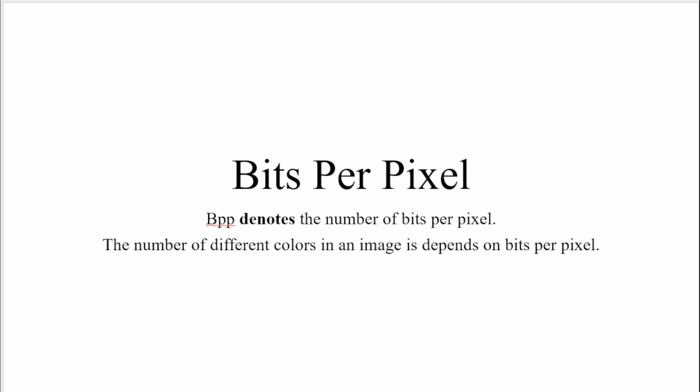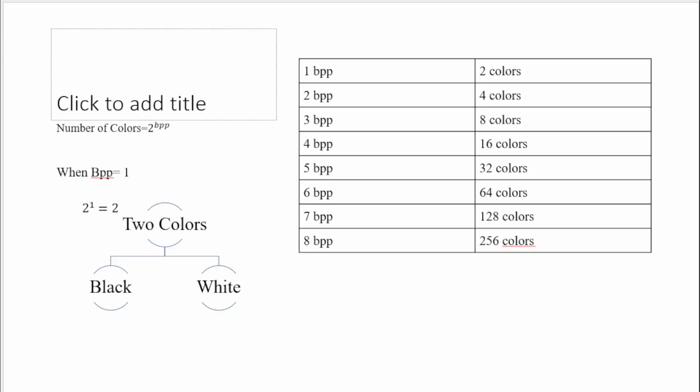In an easier way to understand this, you can remember it is the number of different colors in an image. How many colors will be there in an image depends on the BPP of that image. How we calculate BPP of an image and how it reflects in a matrix form to an image, we'll see.